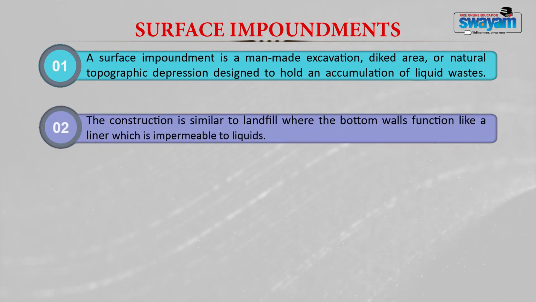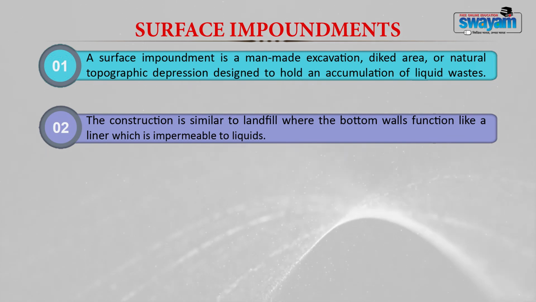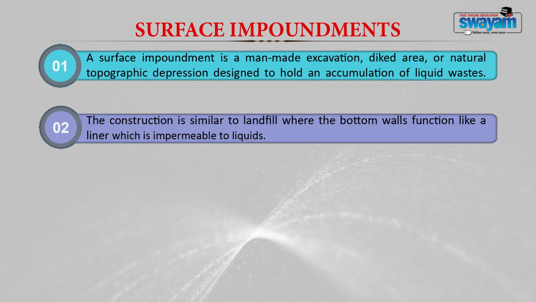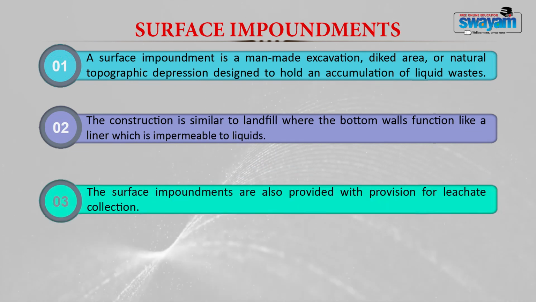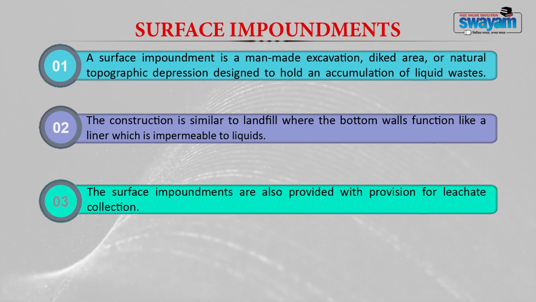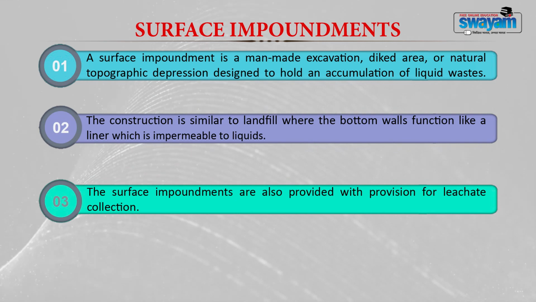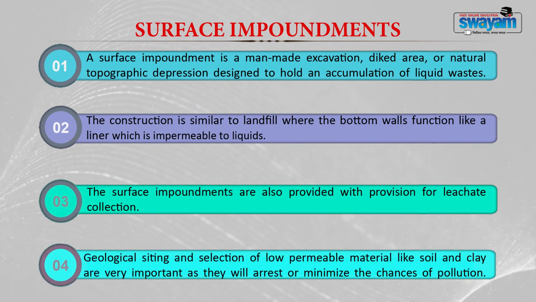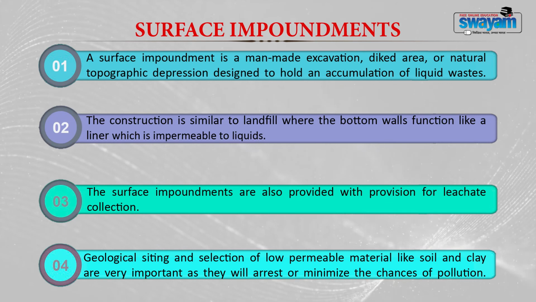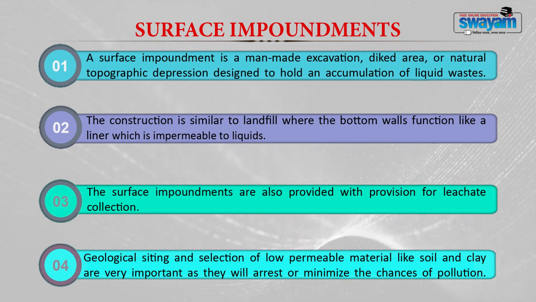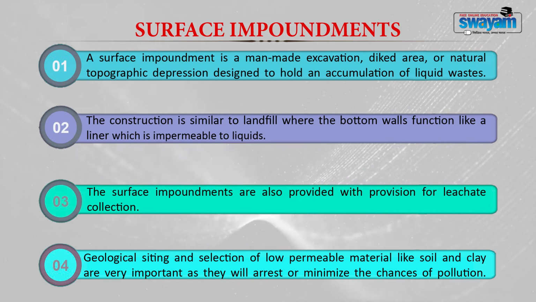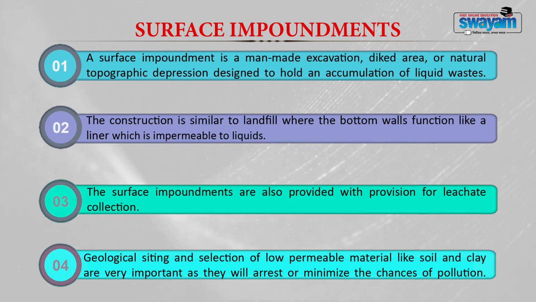The construction is just similar to that of your landfills, where the bottom walls function like a liner which is impermeable to liquids. The surface impoundments are also provided with certain provisions for collecting the leachate. Now, geological siting and selection of low permeable material like soil and clay are very important, because they will arrest or minimize chances of pollution of groundwater.